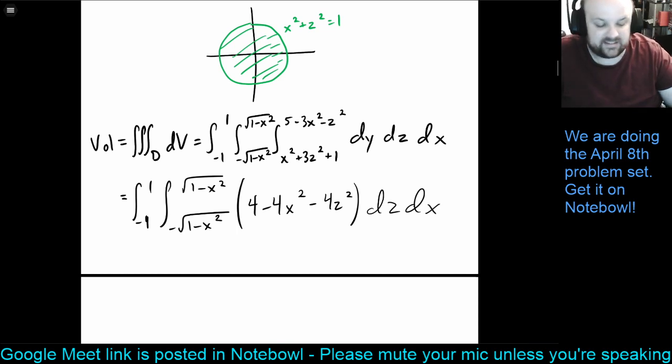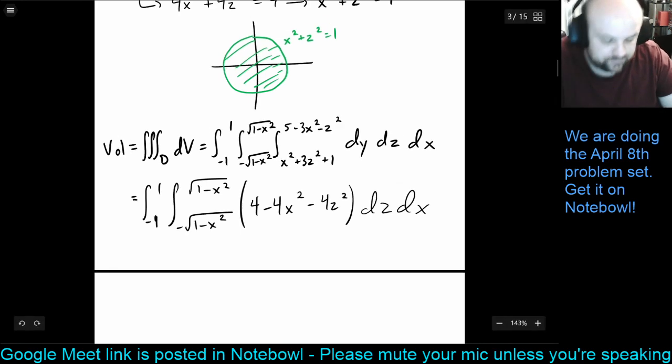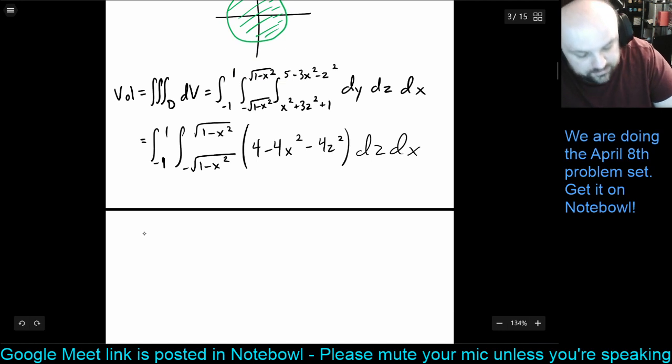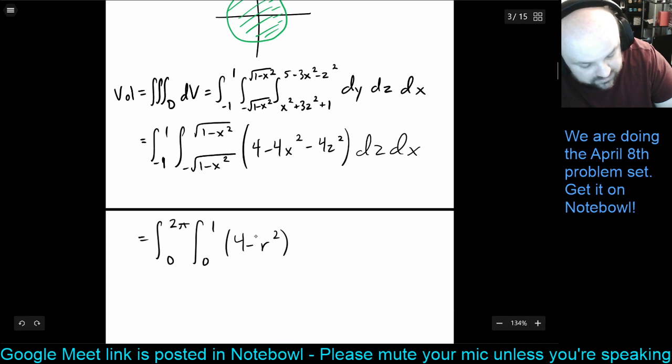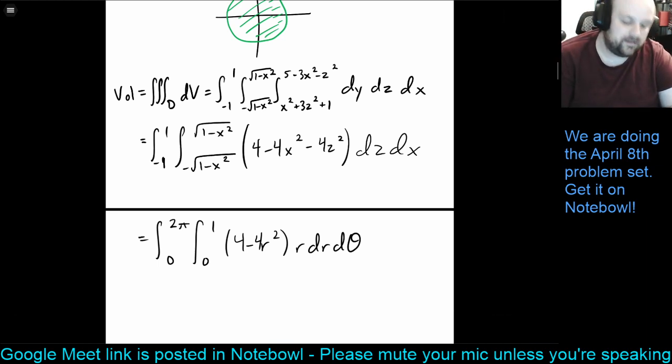If we think of x as our usual x and z as the y direction here, then this becomes 0 to 2 pi, 0 to 1, 4 minus 4r squared, r dr d theta. So we have polar coordinates with one Cartesian coordinate tacked on, if you think about it.